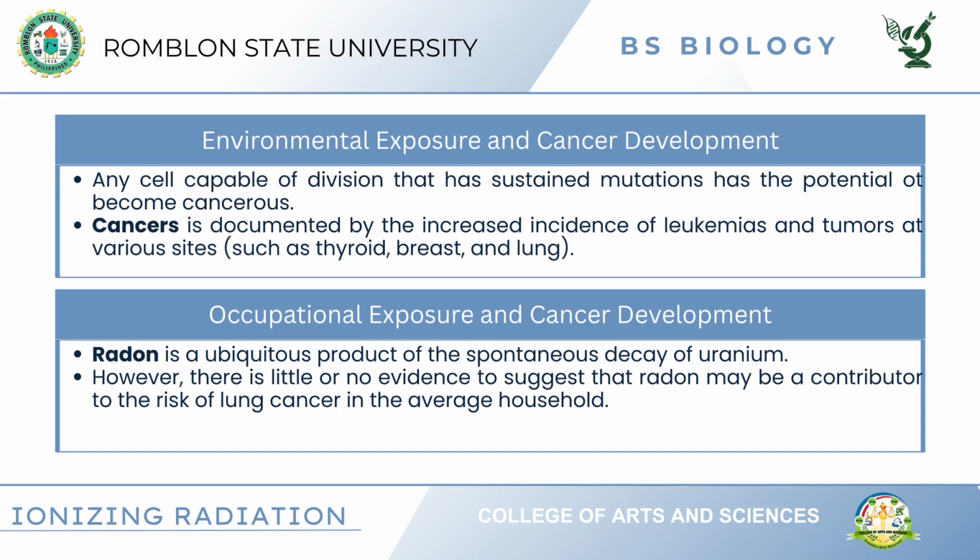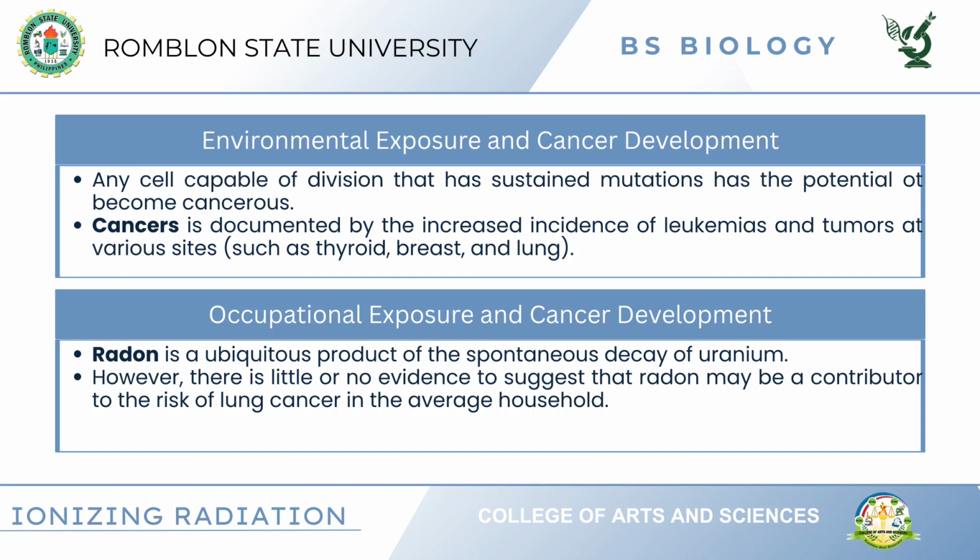Kasi cells that can divide like yung skin cells, intestinal lining cells, blood-forming cells, sila yung may mataas na risk. So, if these cells are damaged, especially at the DNA level, na-damage sila ng radiation, and they don't die, or hindi agad na-repair yung damage, they might start to divide uncontrollably, which is the hallmark ng cancer.